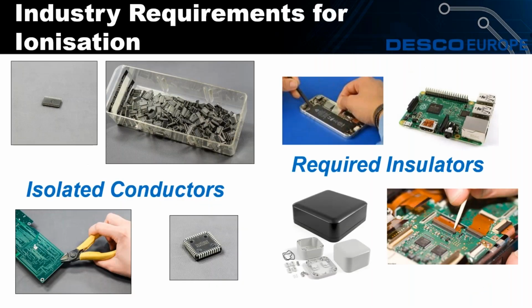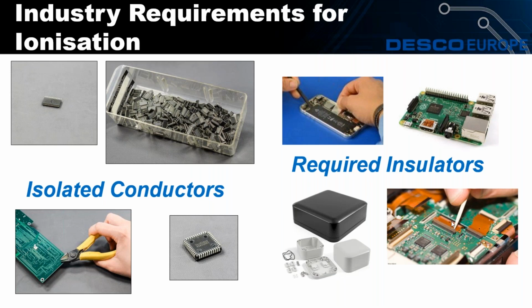Good questions. So now we'll look at the industry requirements for ionization. An ionizer should be used to neutralize charge on isolated conductors and required insulators, often referred to as process necessary insulators. To give a visual of that, in the bottom right hand corner I'm circling a printed circuit board full of ESD sensitive components, and right here we have some ribbon cable that is right next to sensitive components.